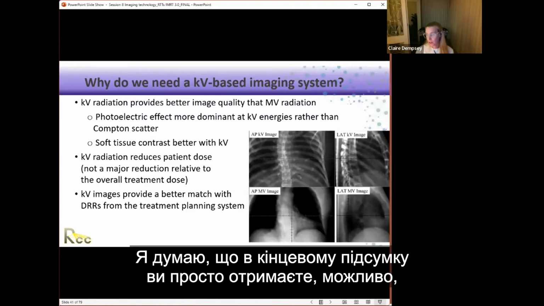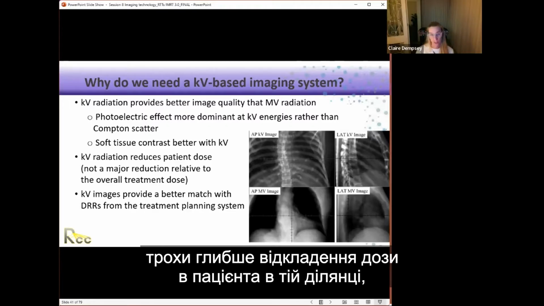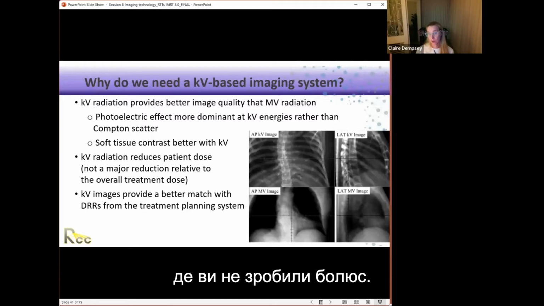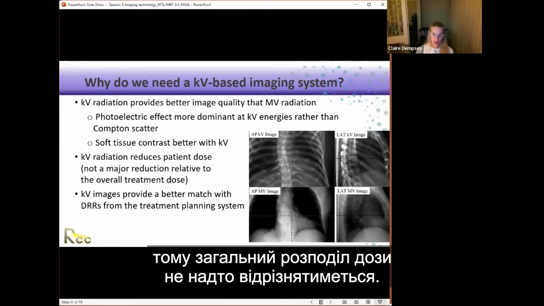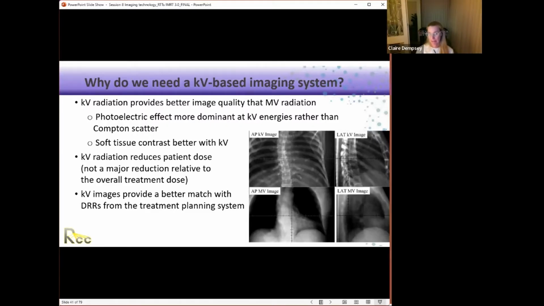I think you just end up with probably slightly deeper dose deposition in the patient in that area where you didn't have the bolus. But hopefully it's only for a single fraction, so overall the dose distribution wouldn't be too much different.